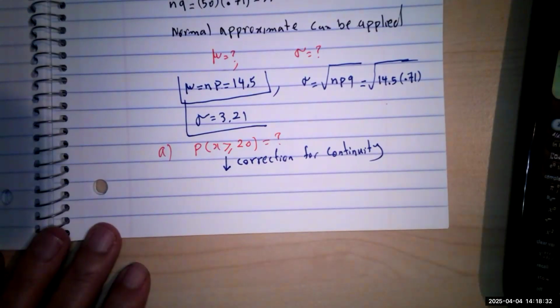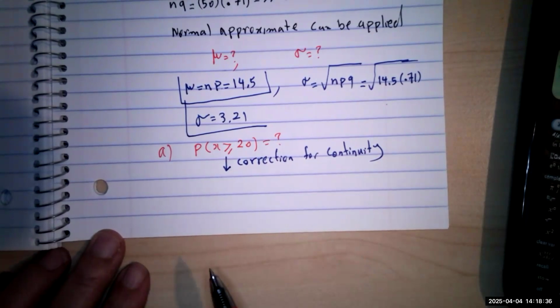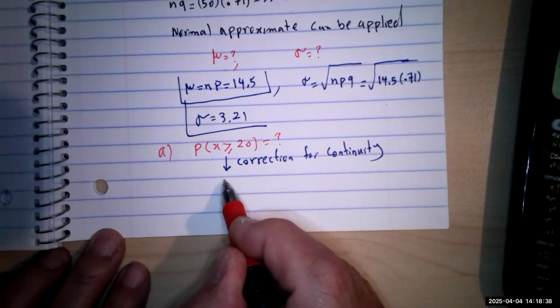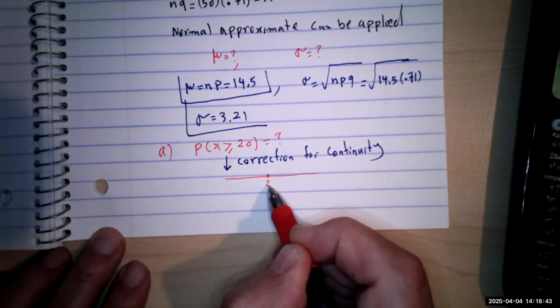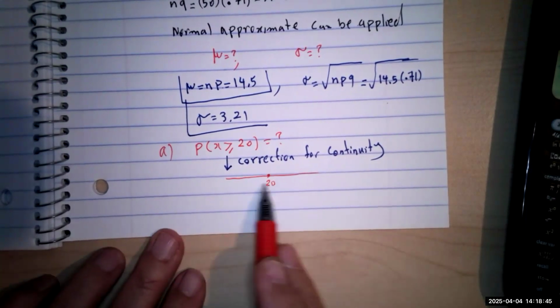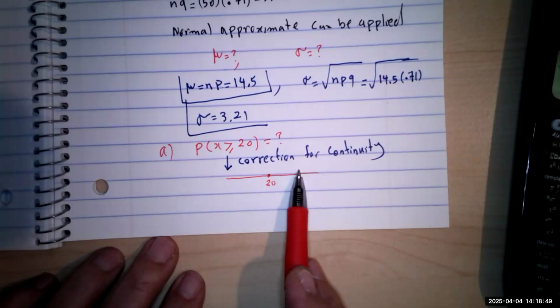So we have to estimate this. That's why I use two different notations, x and r, but you can stay with the same notation. Remember, the binomial values are discrete points. But we want to change it to an interval. You see this is 20. We are going to find an interval containing 20.